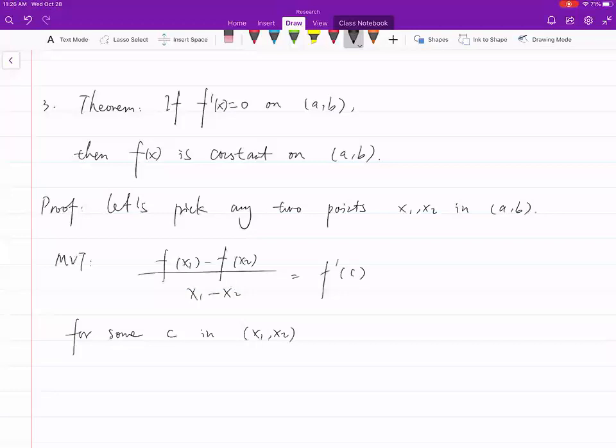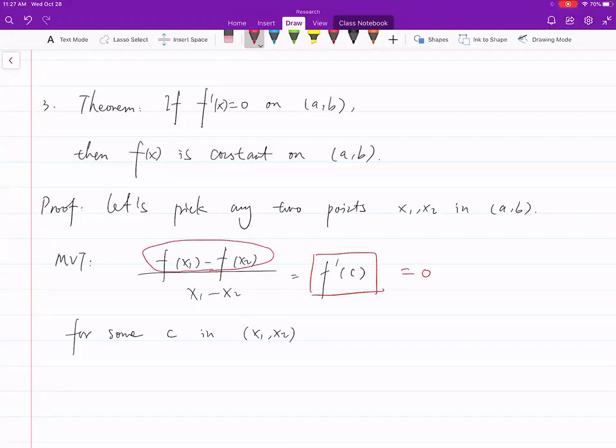It's true. Still okay? Now, what is this? It's 0. Why? Because it doesn't matter which point you pick. The derivative is 0 all the time, right? No matter which c you pick, this is going to be 0. That means no matter which x1 and x2 you pick, this one has to be 0.